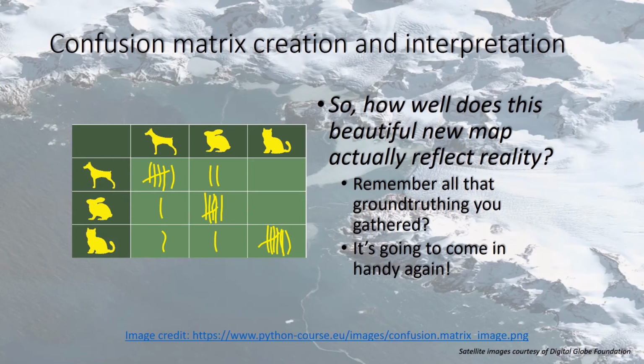That just seems like bad juju to name it the confusion matrix, but they did. And so essentially what you're doing is you're going back to your ground truthing.